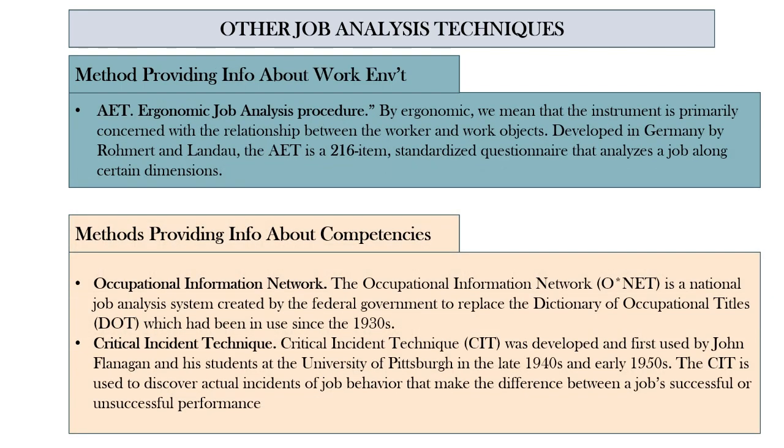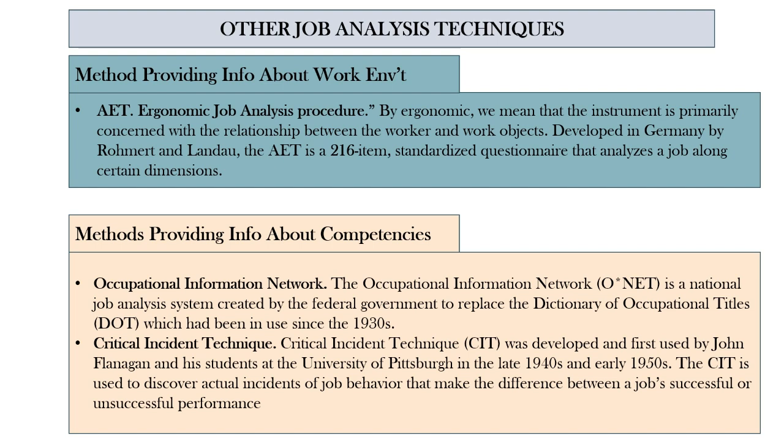It was developed in Germany by Rohmert and Landau. The AET is a 216-item standardized questionnaire that analyzes a job along certain dimensions. We also have methods providing information about competencies such as the Occupational Information Network and the Critical Incident Technique.